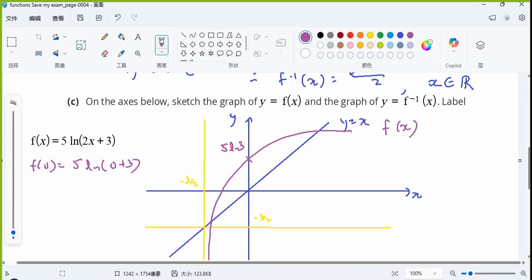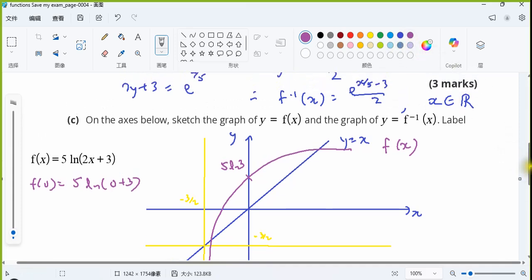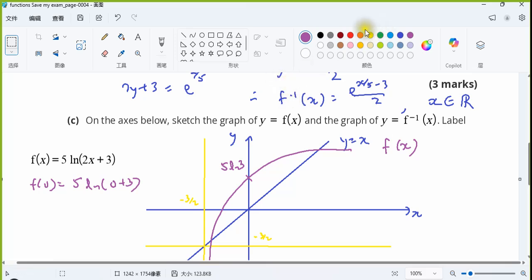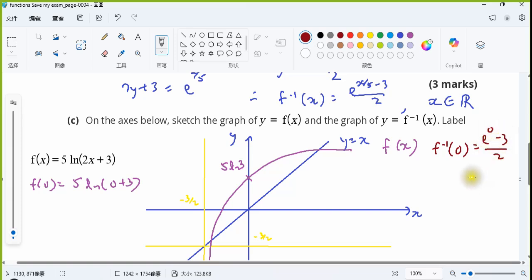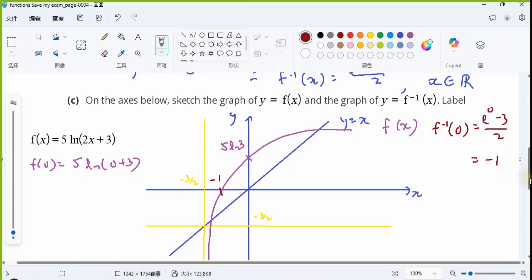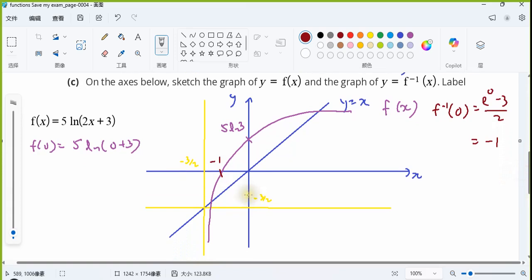And then the f inverse here. So the f inverse of 0 is (e^0 - 3)/2, which is (1 - 3)/2, negative 2 over 2, then negative 1. So this is negative 1.